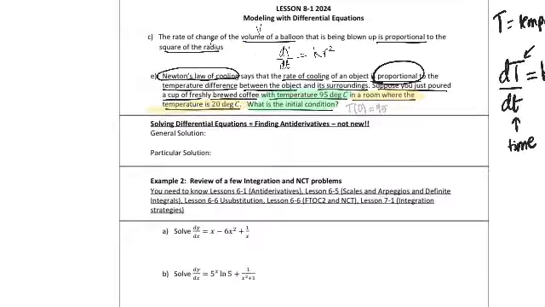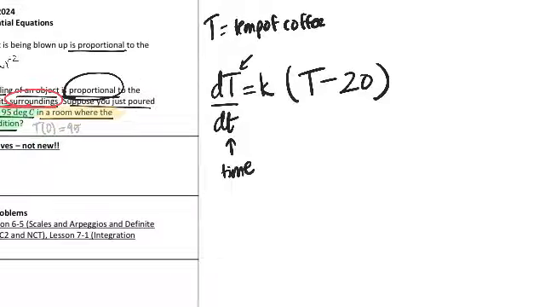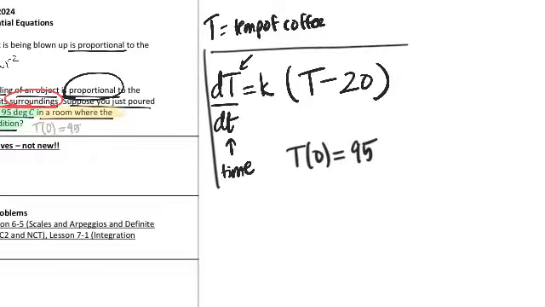That's coming from these words here, the temperature difference between the object and its surroundings. So the object temperature goes first and then the surroundings next. So this would be part of the answer, and then you'd have to say the initial condition T of 0 is equal to 95. So this whole thing would be our answer.